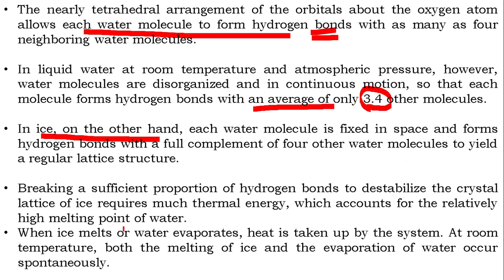When ice is melting, the hydrogen bonds between many of the water molecules are broken by means of the extra heat energy it is absorbing. When ice melts or water evaporates, heat is taken up by the system, and this heat taken up by the system is used for breaking the hydrogen bonds.